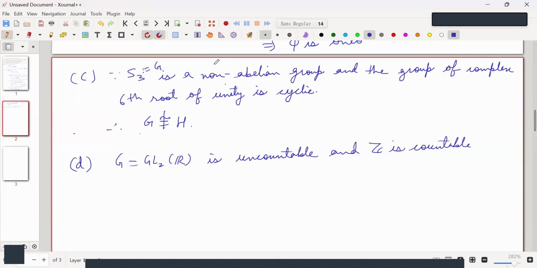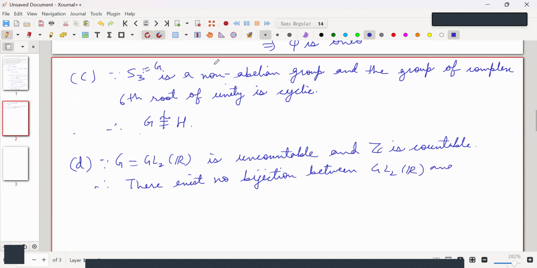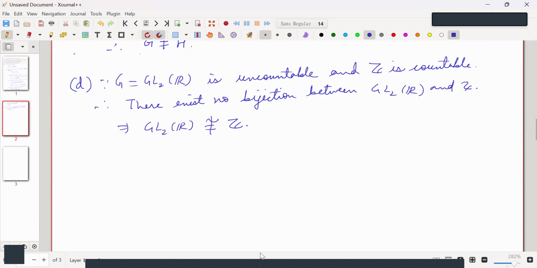Therefore, there exists no bijection between GL2R and Z. This implies GL2R is not isomorphic to Z. Is there any other answer to this question without concerning the bijectiveness, or without this countable uncountable argument?